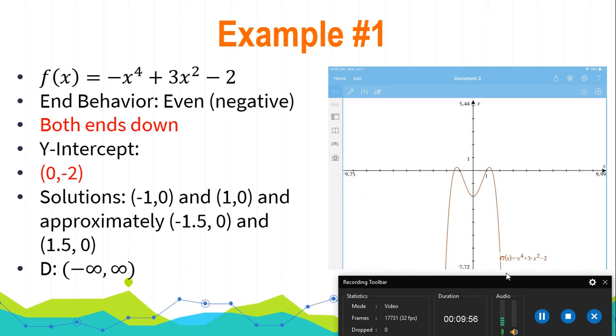The range, though, is going to come from the bottom, so negative infinity, but we can only get as far as these two bumps. I'm going to approximate those because those points, again, do not show up in my table. So I'm going to say the range is from negative infinity to approximately about 1/3. I don't think it's quite 1/2, but they are inclusive, so I'm using the bracket.